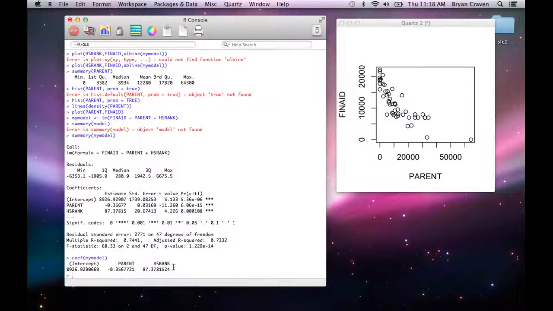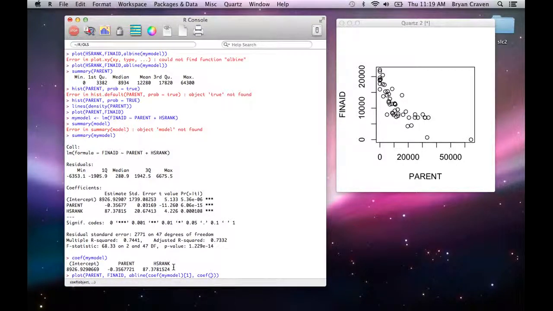So we can ask R the following. Let's have it plot parent, FinAid, and then abline, and we're going to tell abline to perform the command that we just did. So abline is going to grab the coefficient from my model, and which coefficient? We're going to tell it to grab the first one. And we also want it to grab the second coefficient because that's the one that R knows as the parent coefficient.